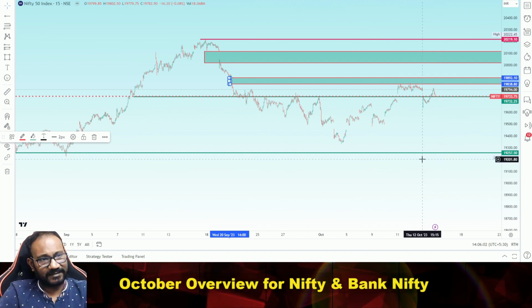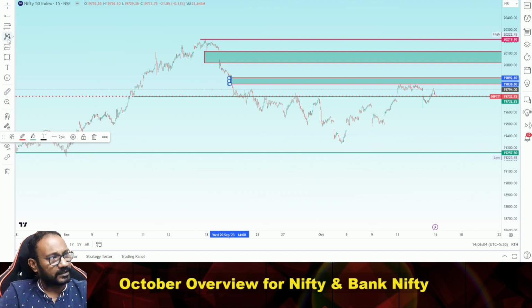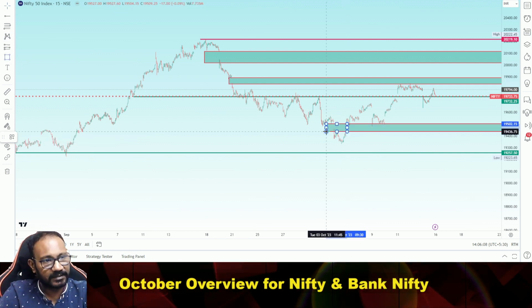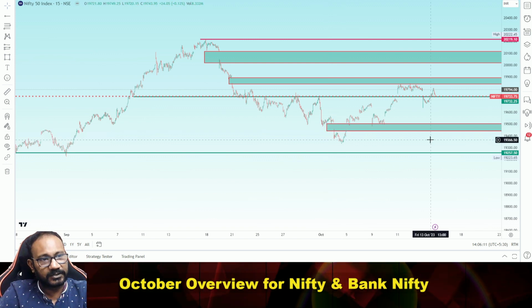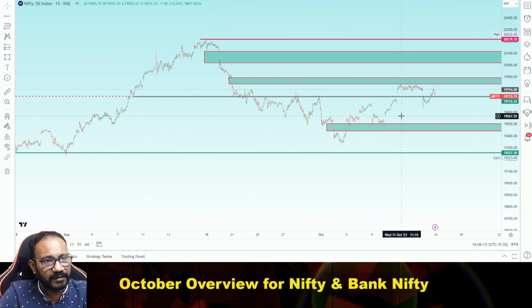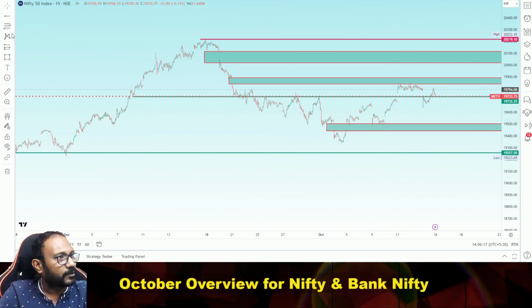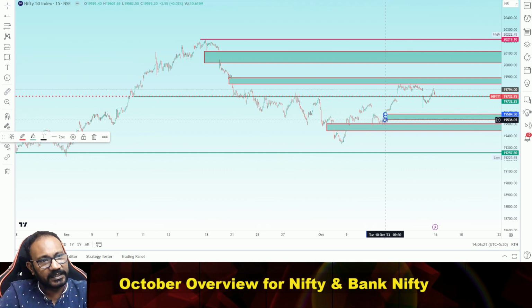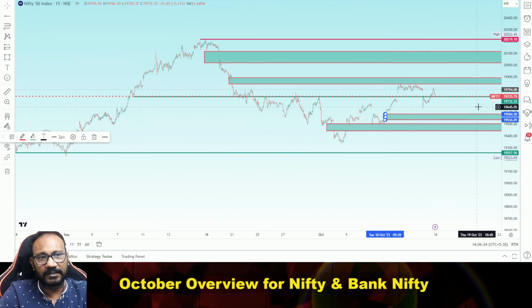On the other side, there is another gap that's left open over here. You can see this. So this is another zone that has a gap, and there is a small gap over here as well. Small targets are there to be filled on a daily basis.